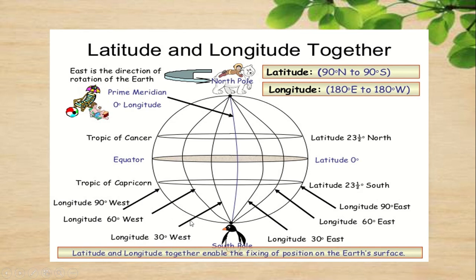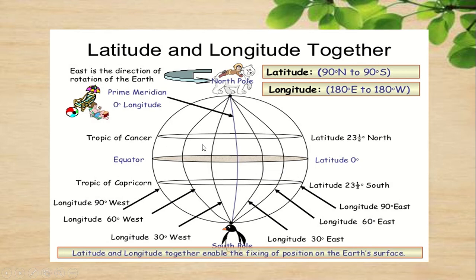So each at 30 degree intervals. Okay, so this covers one portion, and the back portion also up to 90 degree. This 0 degree prime meridian, it is also 90 degree. So 90 degree plus 90 degree, 180 degree western part, and 180 degree the eastern part.